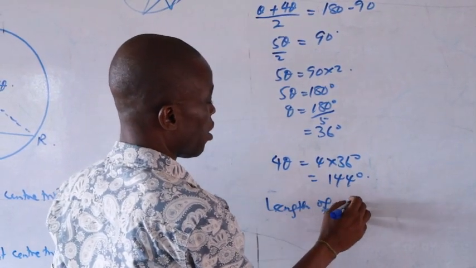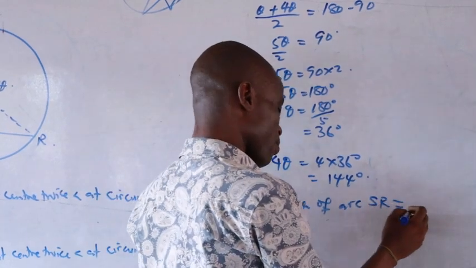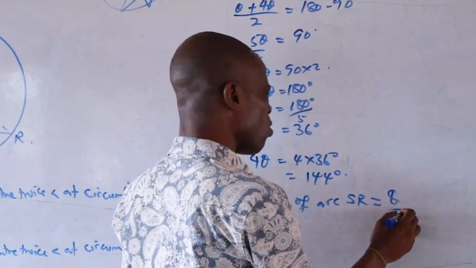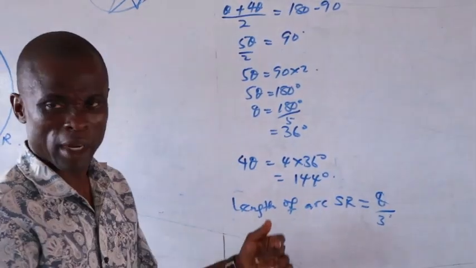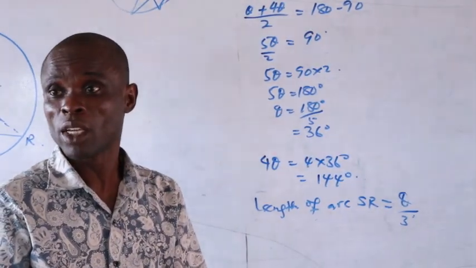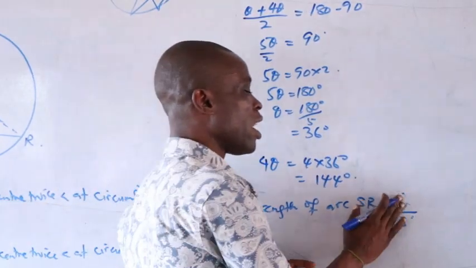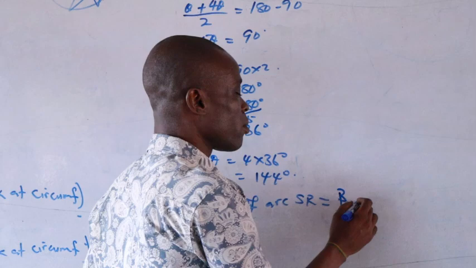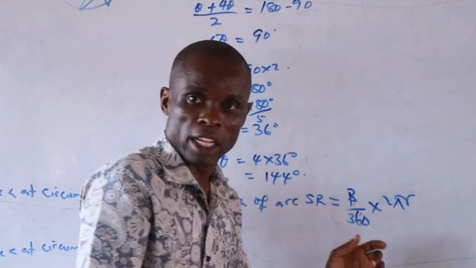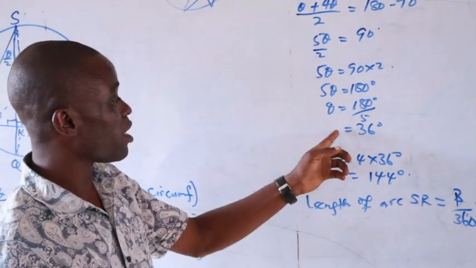Length of arc SR. The formula is theta over 360 times 2 pi r, but my theta is 144, not this theta. So let me change it to beta over 360 times 2 pi r, so that it does not look as if my theta is 36.